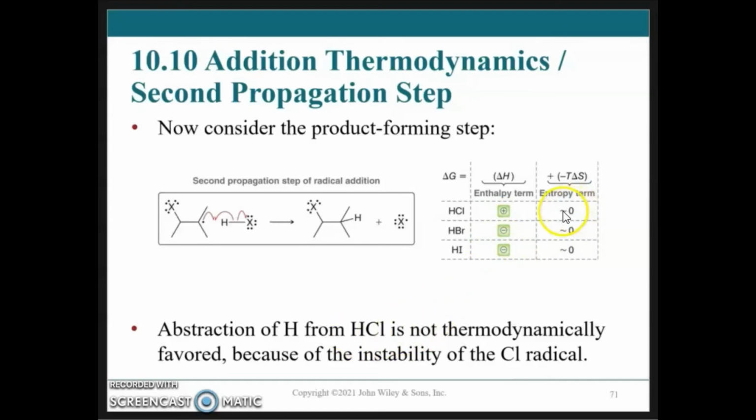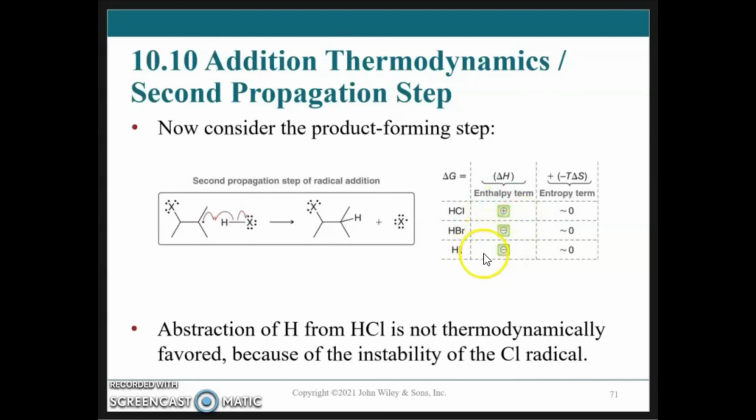Given that the entropy term is zero, it's going to be very difficult to find a temperature that would allow this term to offset the positive enthalpy for abstracting the hydrogen from chlorine. So we won't see an anti-Markovnikov addition with HCl. With HBr, we will.